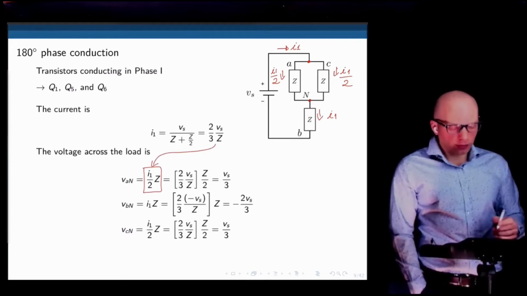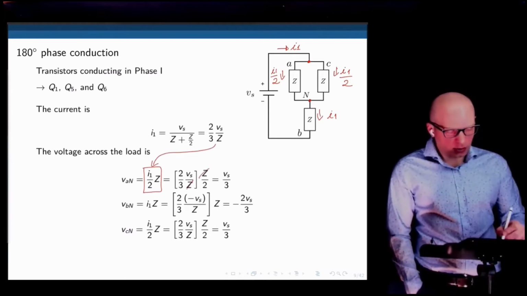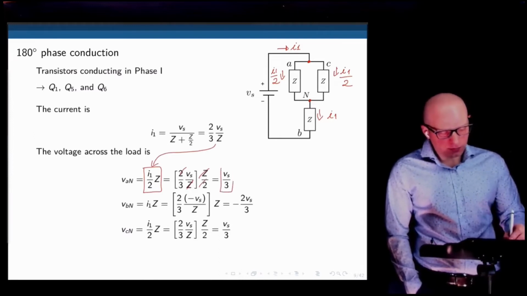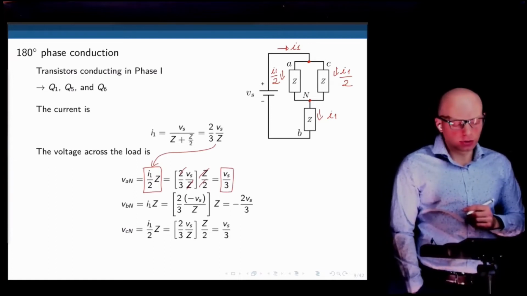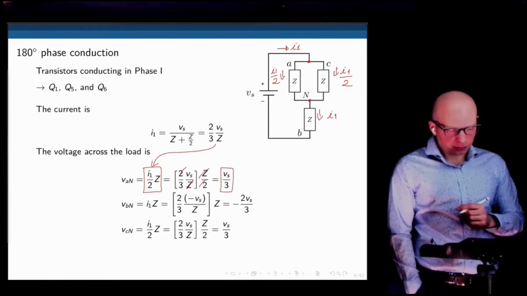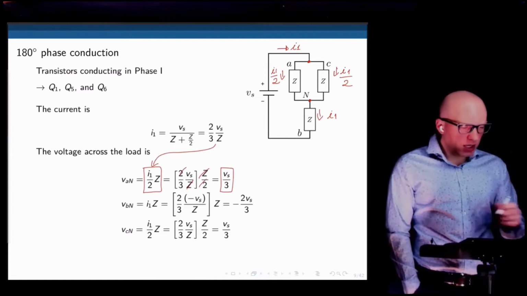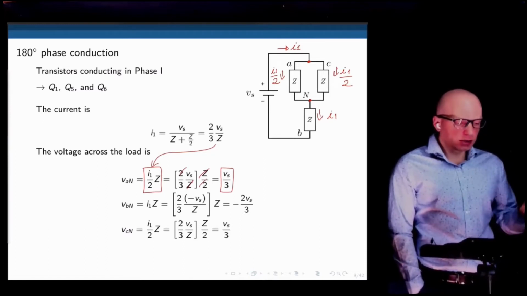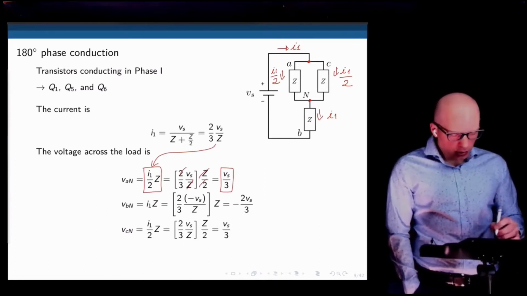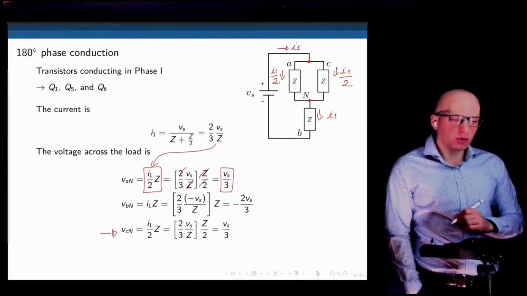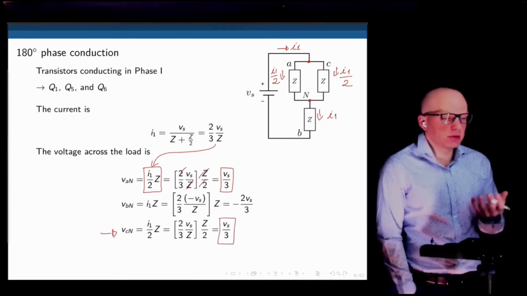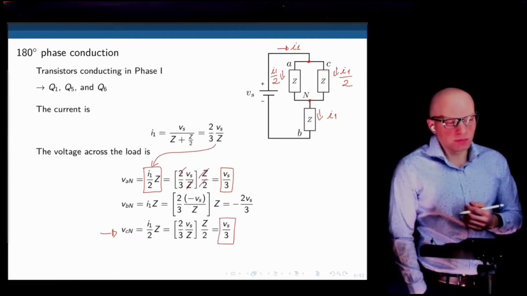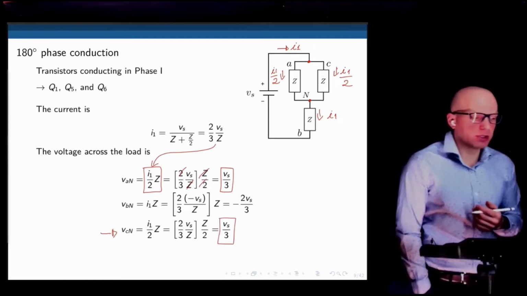And when you solve for the voltage, you see that Z and Z will cancel out, 2 and 2 cancel out, and we are left with Vs over 3, 1/3 of the input DC voltage. We can do the same for C. It is the same current, I1 over 2. And if you calculate C, we find the same result, Vs over 3. Of course, it's the same impedance in parallel with A, so the voltage must be exactly the same.